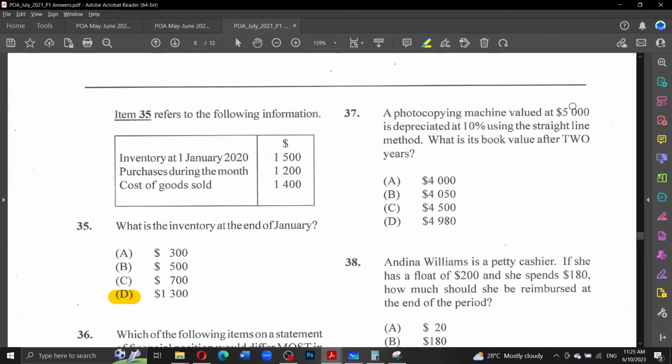Remember, 10% will make 100%, which means this asset is expected to last for a period of 10 years. So for 2 years, the book value will decrease by $1,000. Year 1 it will decrease by 500, year 2 another 500. So that's 1,000, and the book value will be A.